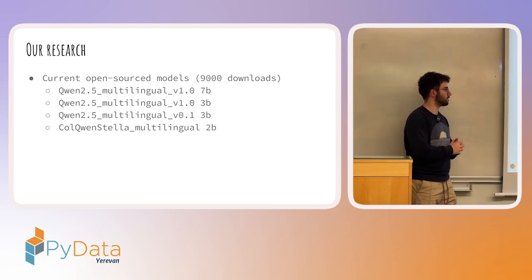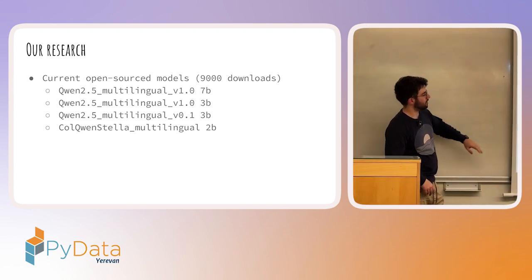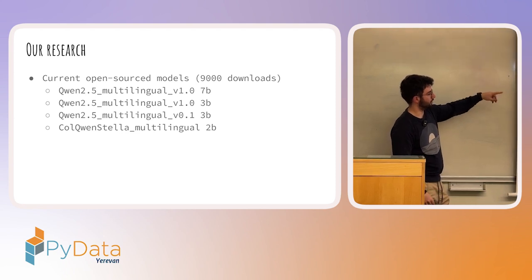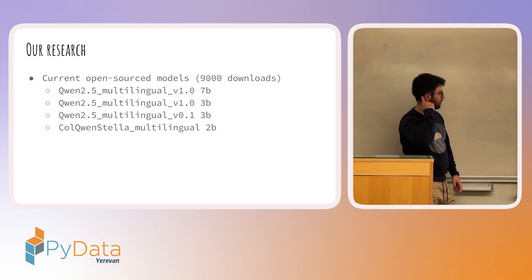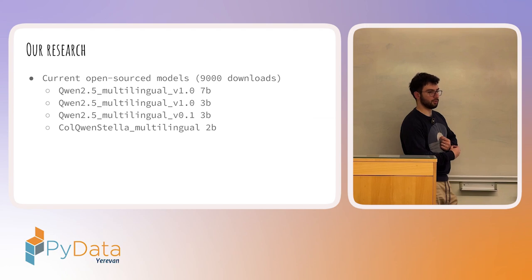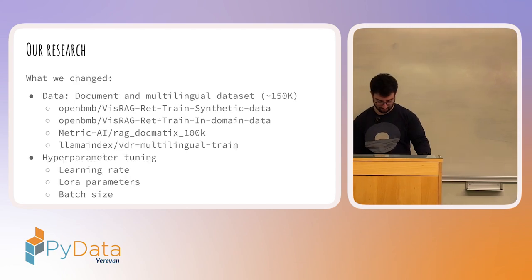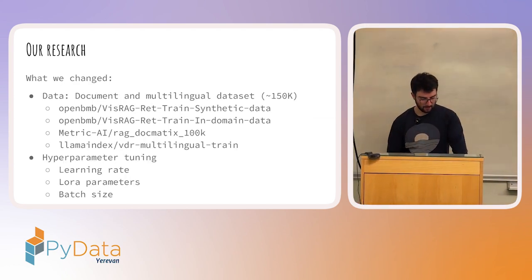This is from our past knowledge. You can see different versions and different sizes of models. And the last one is a combination of Qwen and Stella embedding models. Can you guess what the model behind Stella is? Qwen, right.